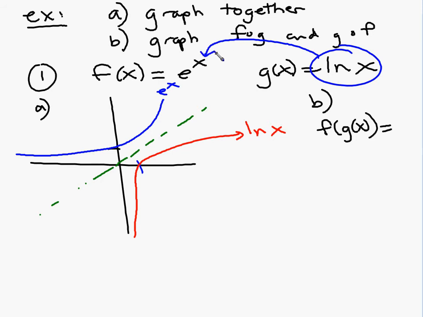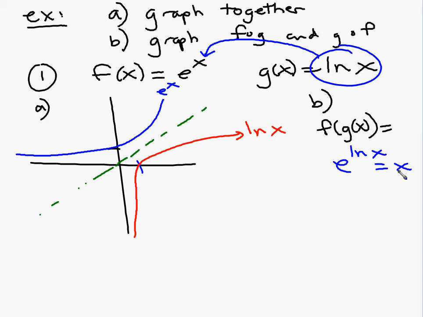So I would have e to the natural log of x power. Now, don't we know a little property about that? E to the natural log of a mess is just the mess, right? Isn't this just equal to x? According to that property, and we're going to be reviewing those starting the next day or two. E to the natural log of a mess is the mess.